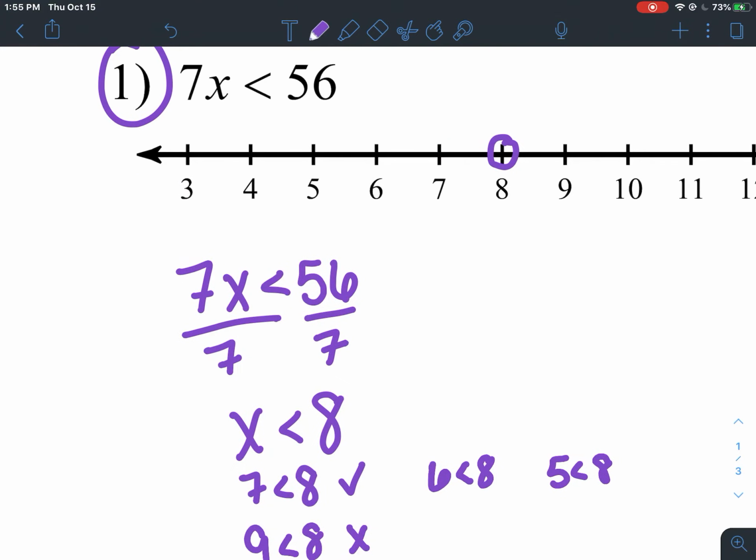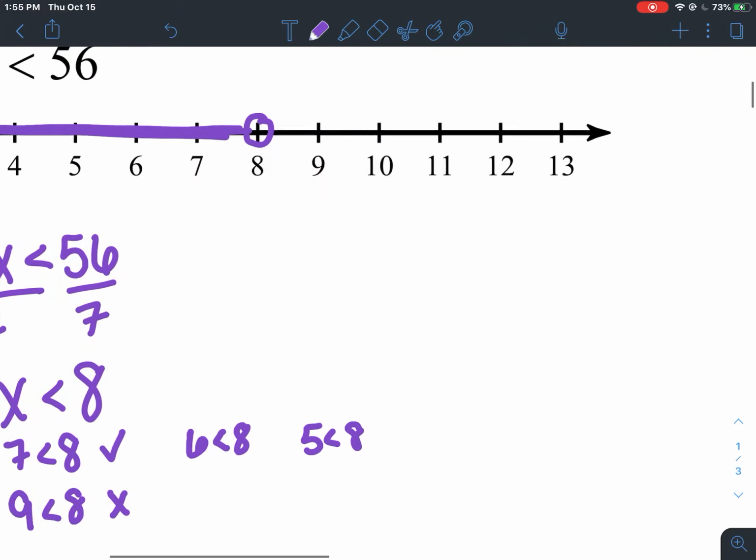I think you see my pattern here. 9 is not less than 8, so I'm not going to shade. Just like 10, 11, 12, they're all bigger than 8, so I'm not going to shade any of that in. I'm going to shade in over here, and draw my arrow going this way to show that all the numbers that are less than 8 are included in my answer.